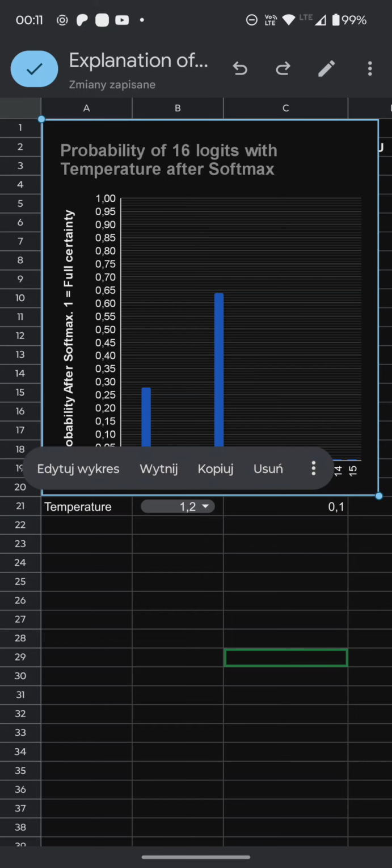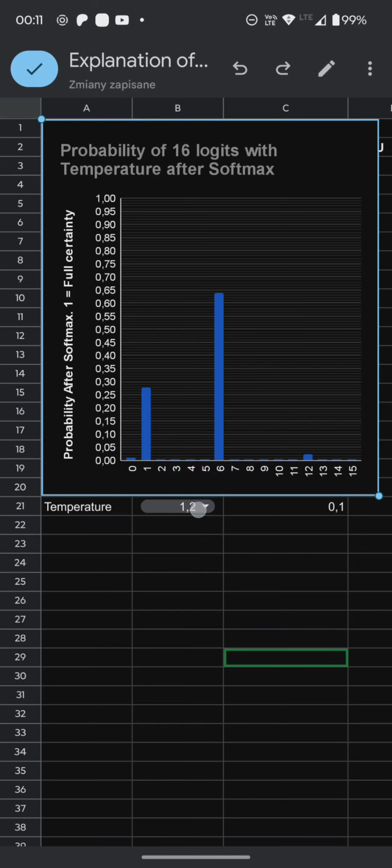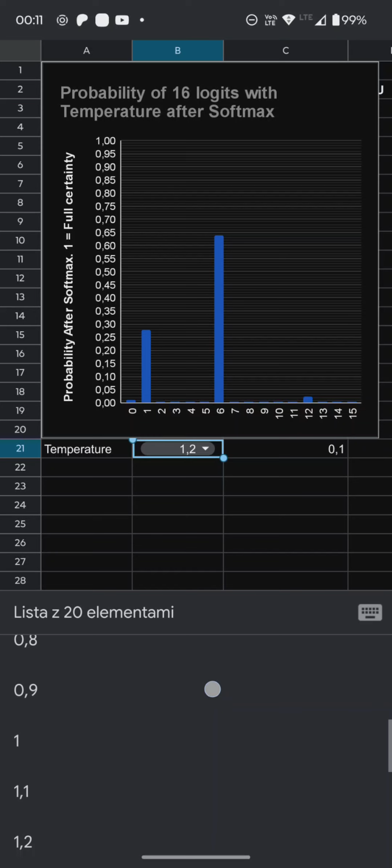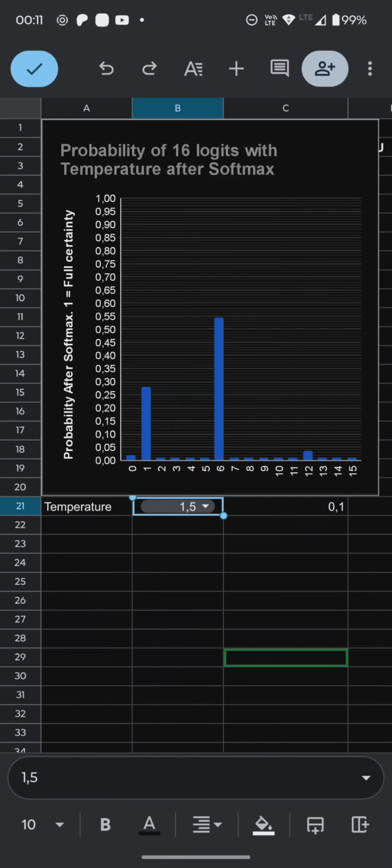It will be better seen at 1.5. Yeah, so the answer number 3 is now about 3.5%. The main answer is barely 55% certain.